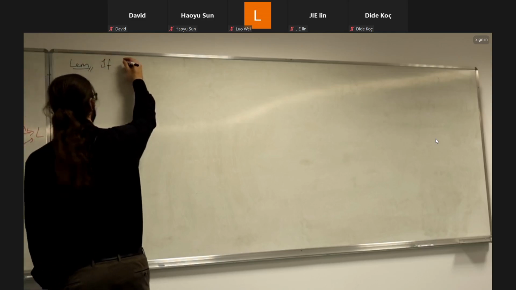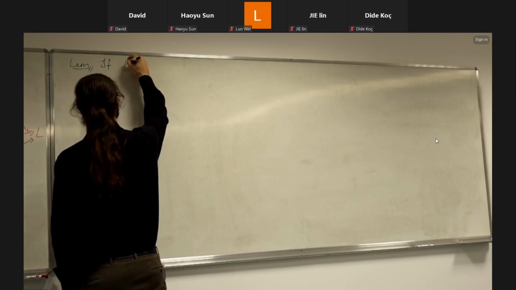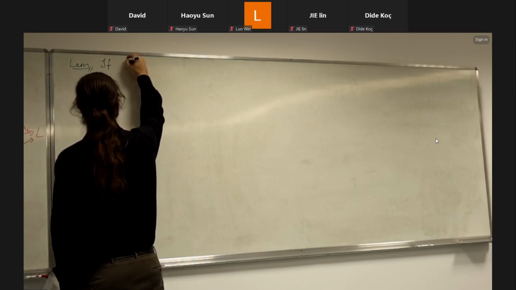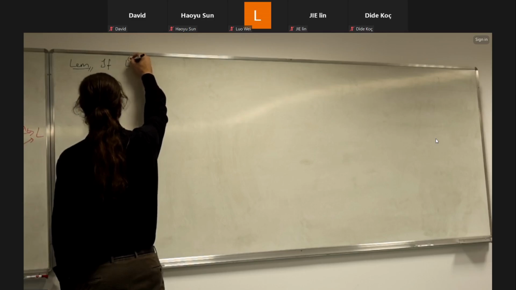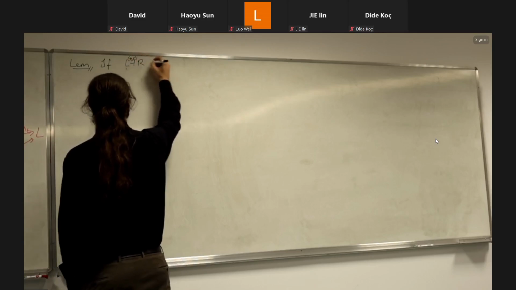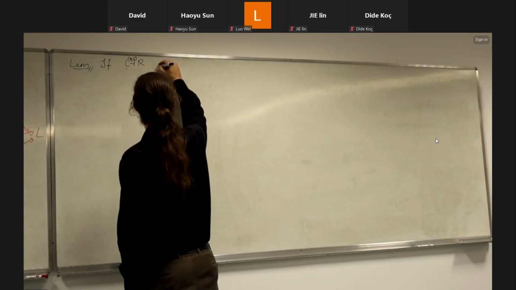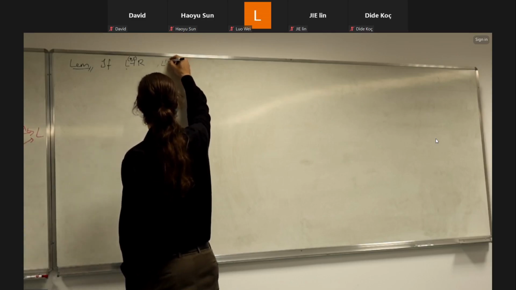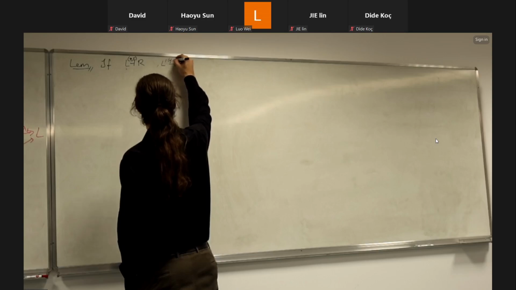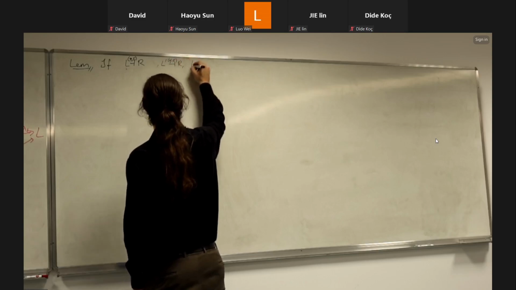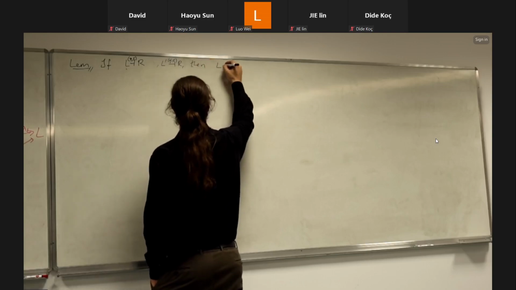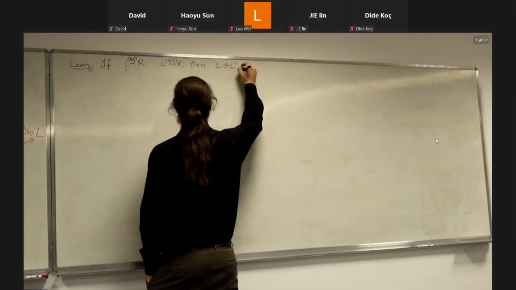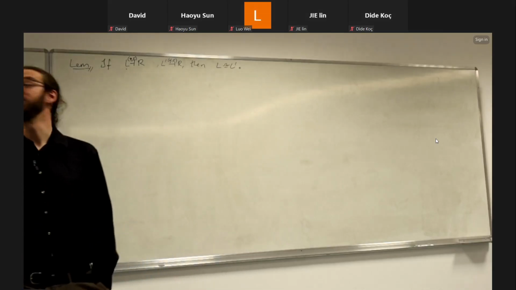If L is dual to R via eta and epsilon, and L prime is dual to R via eta prime and epsilon prime, then L is isomorphic to L prime. Duals are essentially unique.